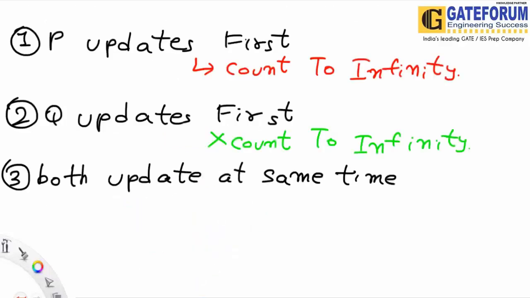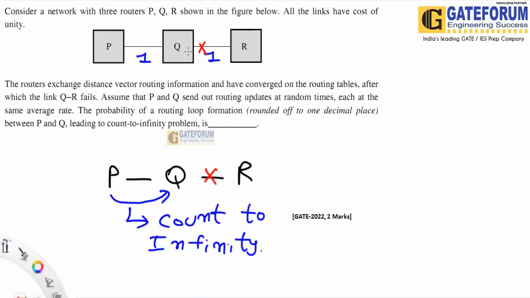Let me explain this once again. First, P updates to Q and Q updates to P at the same time. So P has said there is no path to R. Q has said that there is a particular path to R via P, and the distance is 3. But then in the next round, P will say that basically there is no particular path to R. So this is how Q will update about each particular thing.